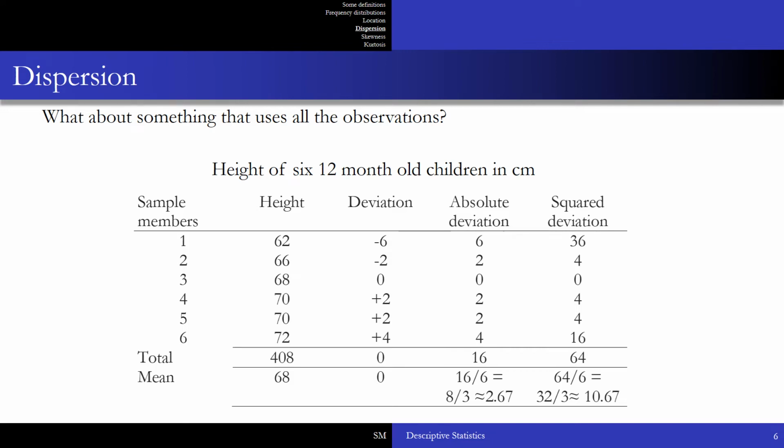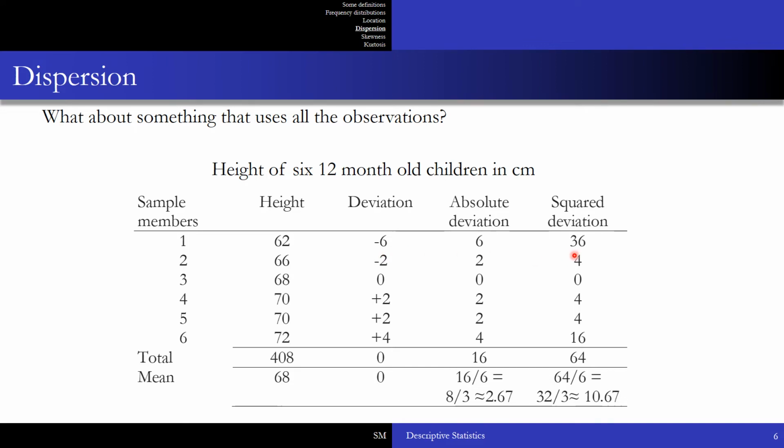Might we do something else? Well, the obvious move might be to square the deviations. If we square these deviations, we will again end up just with positive numbers. Minus 6 times minus 6 is 36, just as 6 times 6 is.